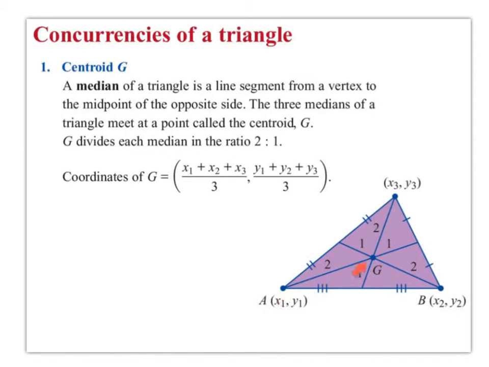So it's in a ratio of 2 to 1. Likewise, this median is in a ratio of 2 to 1. And this median is in a ratio of 2 to 1 also. And to get the coordinates of G, we take all the x values and add them and divide by 3, comma, take all the y values and add them and divide by 3.